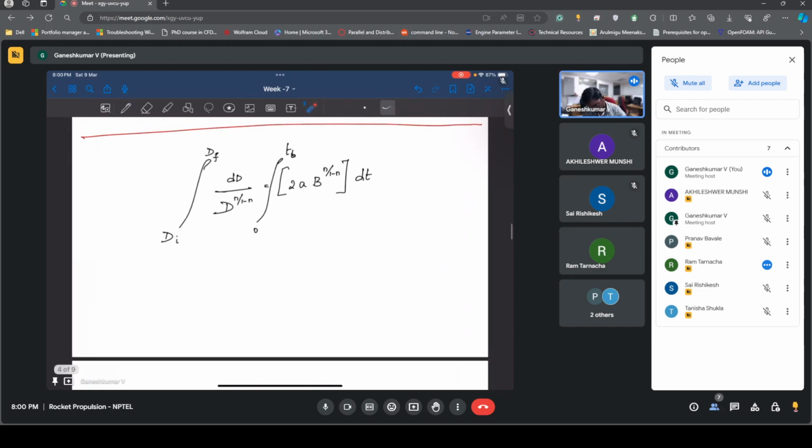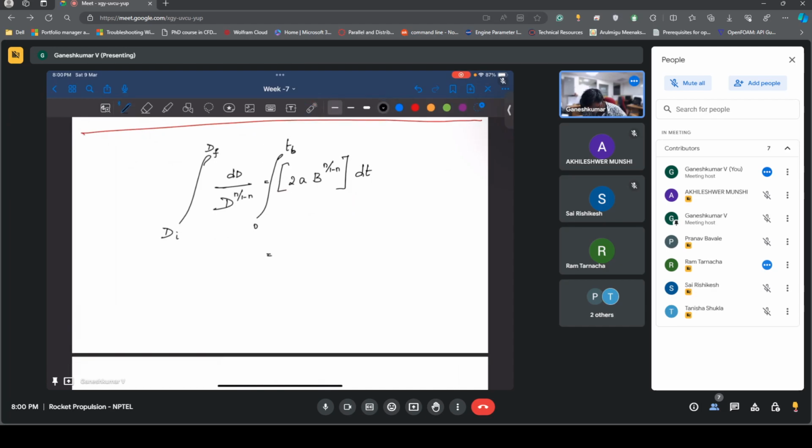All these things are not going to depend on time, so you can take this out and simply write this as 2ab n by 1 minus n into tb.